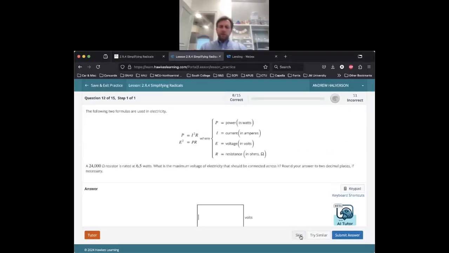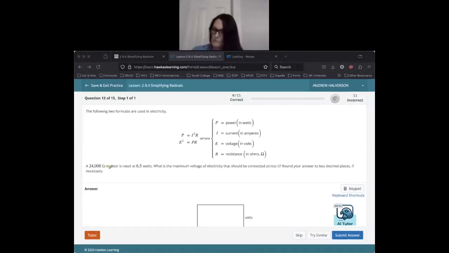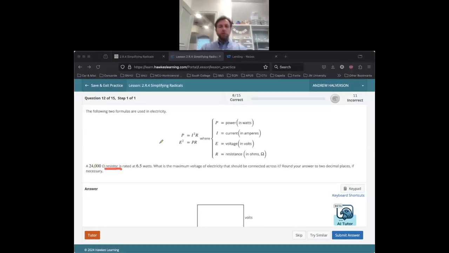Let's see what else they've got cooking for us. This one is just a matter of... so this says a resistor, 24,000 is a resistor. That's the value of R. Oh, I see. This is telling you over here what each one is measured in.